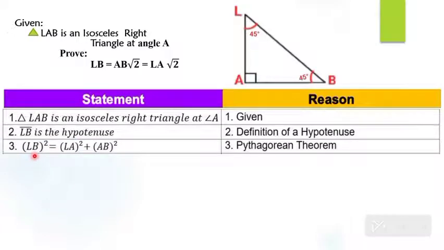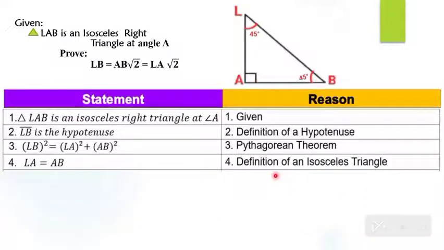Third, since this is a right triangle, we can create a Pythagorean theorem formula: LB squared, the hypotenuse, is equal to LA squared, which is a leg, plus AB squared, which is also a leg.